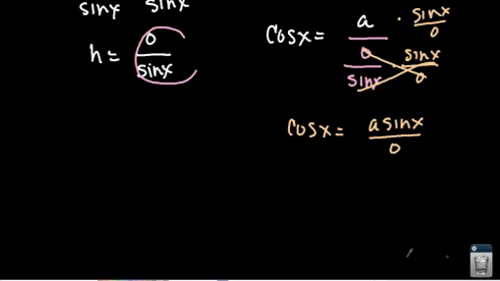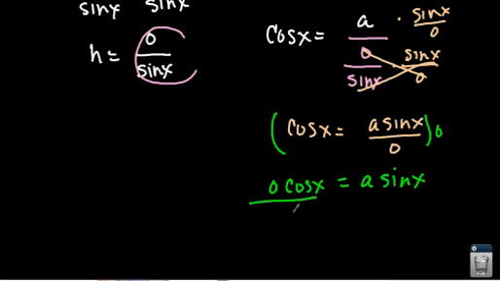Alright, let's get that o out of the denominator. You'll see where I'm going here. You're probably wondering if I'm leading you on some crazy goose chase, but I'm really not. So o times the cosine of x is equal to a times the sine of x. I'm going to divide both sides by the cosine of x.